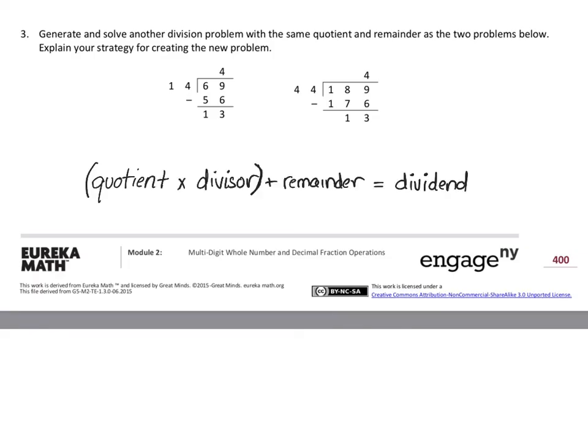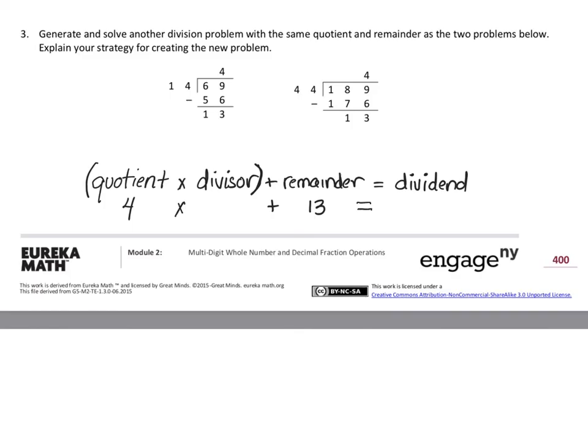And you might wonder, how is that going to be helpful? Well, we already know what the quotient is. The quotient is equal to 4. And we also know what the remainder is. The remainder is equal to 13. So we could come up with a new problem simply by coming up with a new divisor, and that will give us a new dividend.